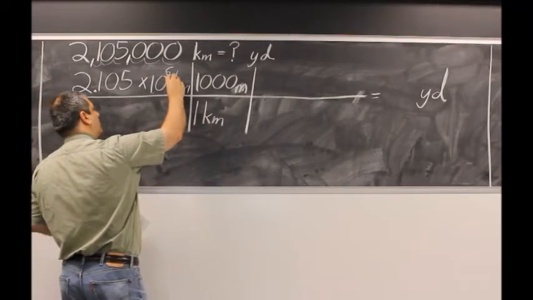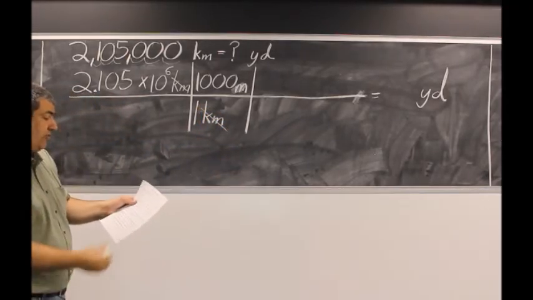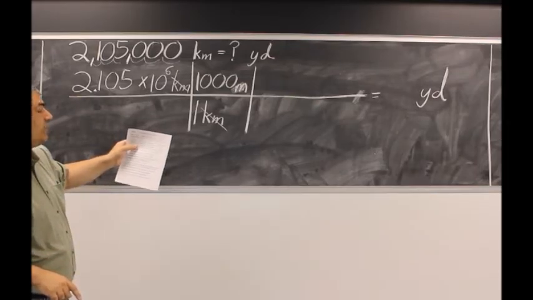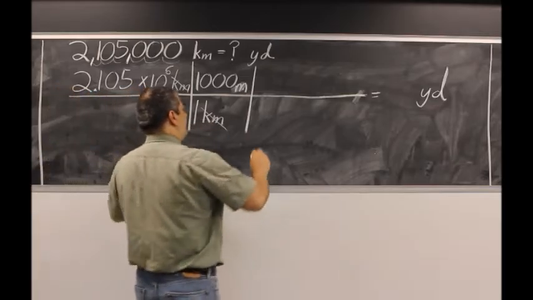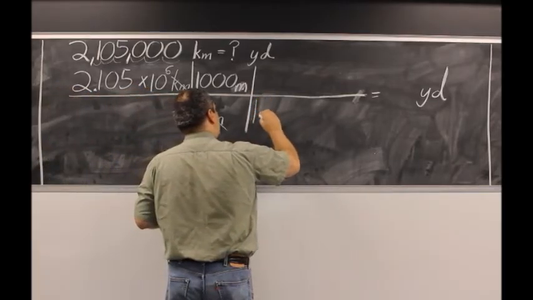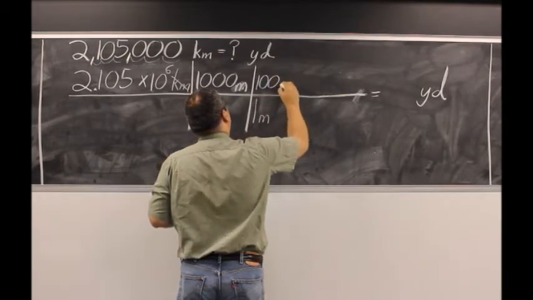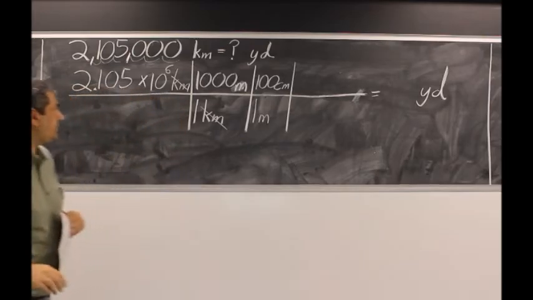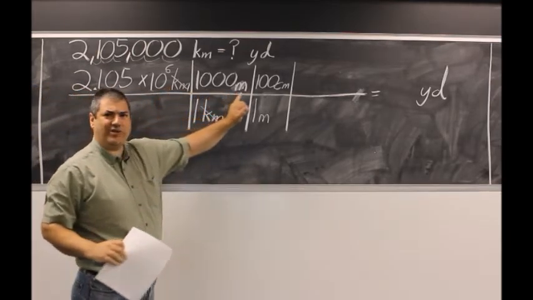So now, sticking with our problem, kilometers cancel, now I'm in meters. So I'm getting closer. I don't have inches to meters, but I do have inches to centimeters. So 1 meter is 100 centimeters. Notice I'm not trying to go directly from kilometers to centimeters.